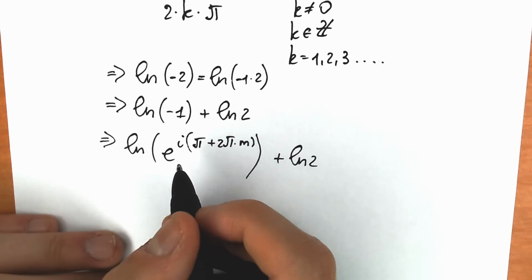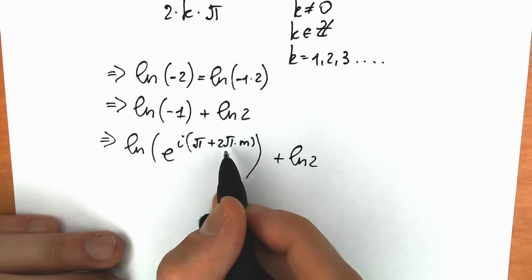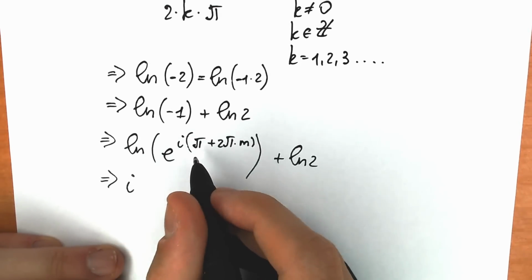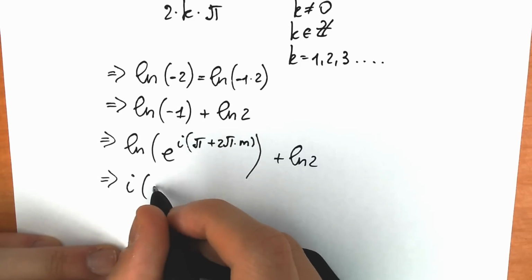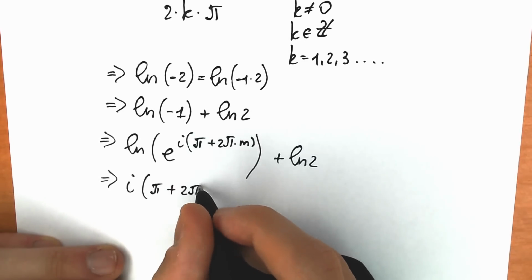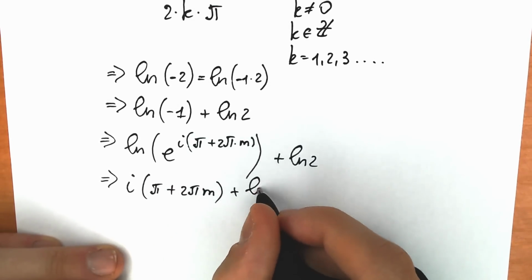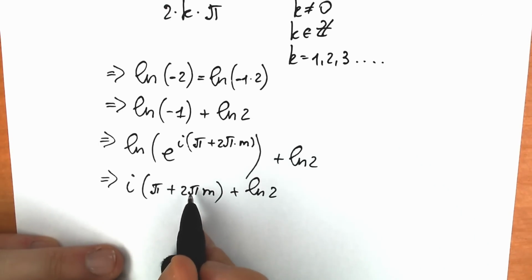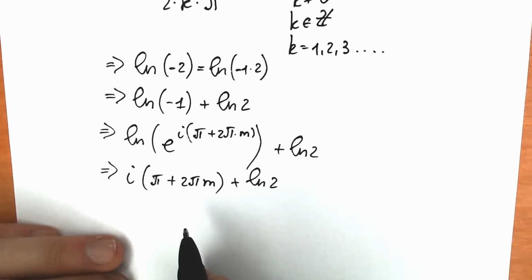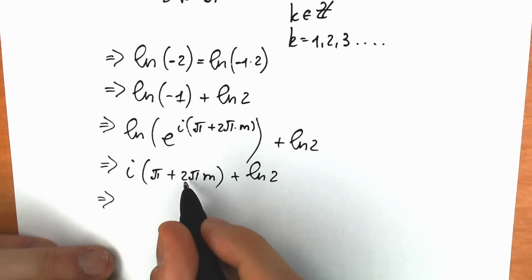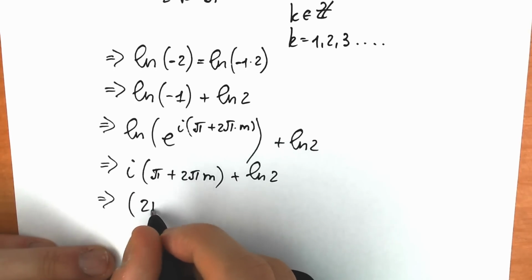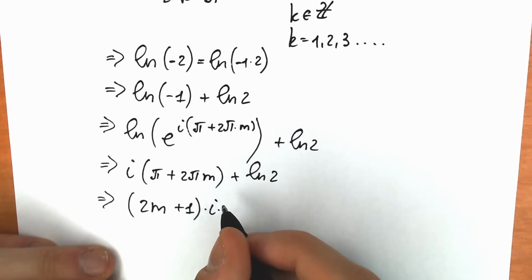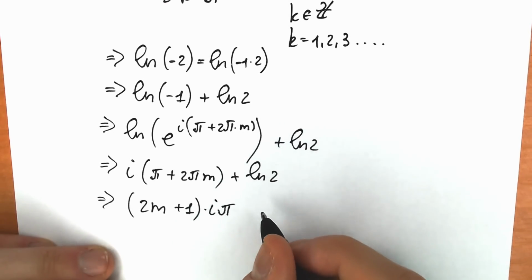In terms of the natural log property, we can easily write this power in front of this natural log. As a result, we have i times pi plus 2 pi m, and plus natural log 2. From here we can easily factor our pi, and as a result, what do we have right here? 2m plus 1 in our parentheses, times i times pi, and plus natural log 2.